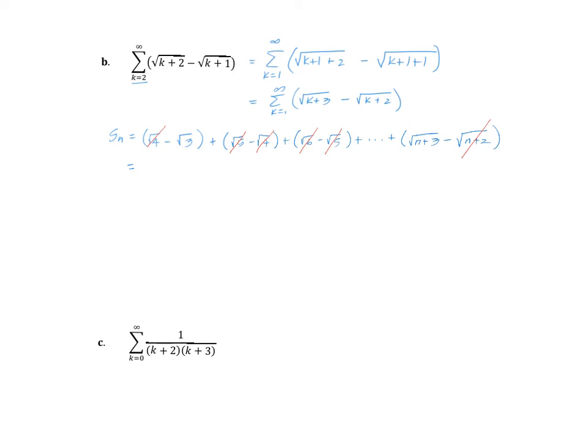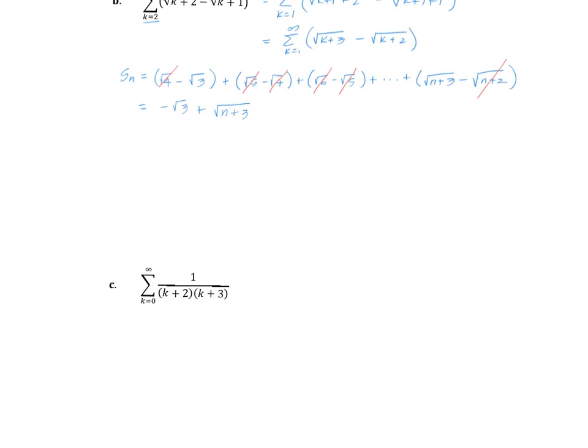In this case, it's going to be the negative square root of 3 plus the square root of n plus 3. When I take the limit as n goes to infinity of negative square root of 3 plus the square root of n plus 3, it's going to be equal to negative square root of 3 plus infinity, which is simply infinity. So this series diverges.